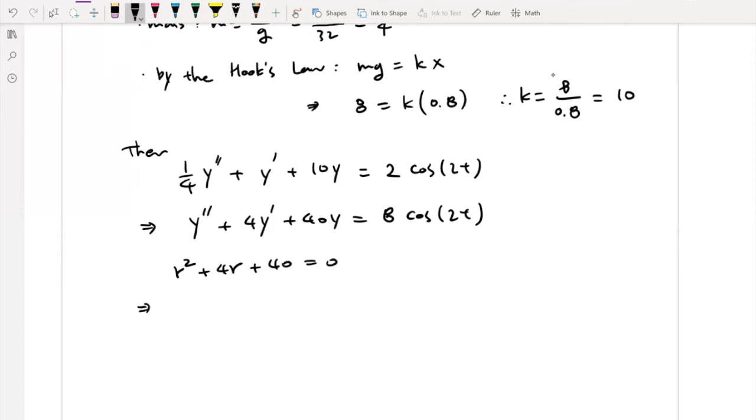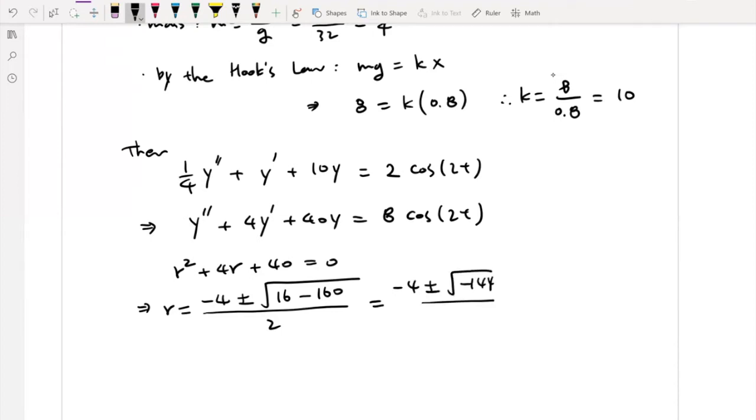Your r can be found by negative b plus and minus square root of b squared minus 4ac over 2a. Let me simplify. Negative 4 plus and minus square root of negative 144 over 2, which is negative 4 plus and minus 12i over 4. Then simply we can write this one as, not 4, but 2: negative 2 plus and minus 6i.